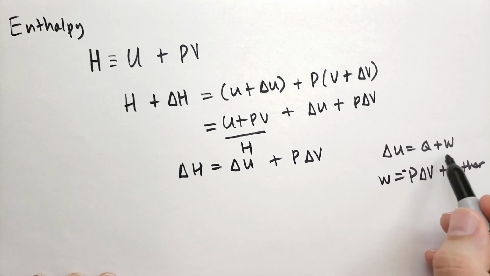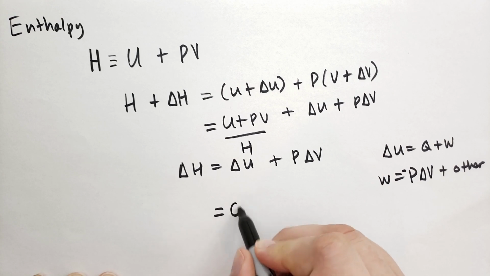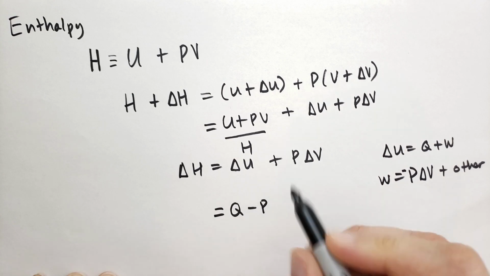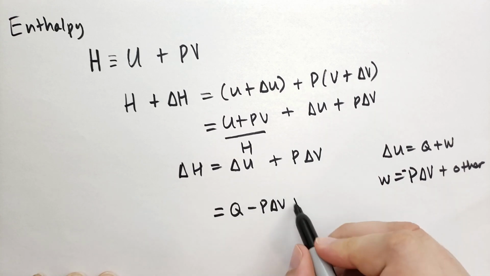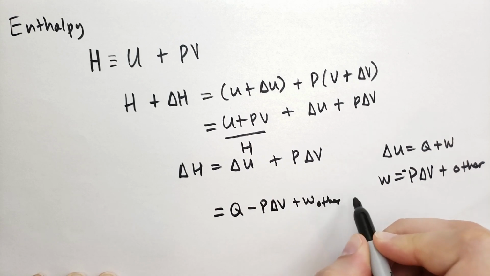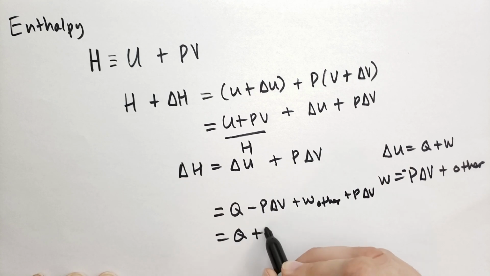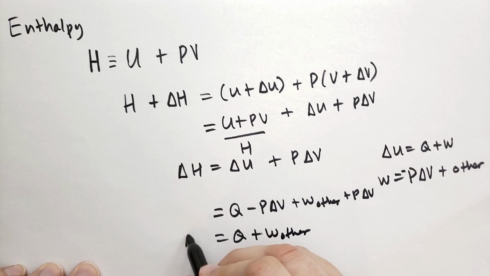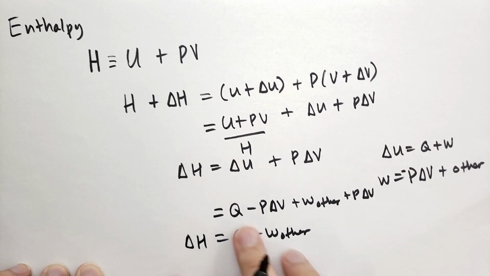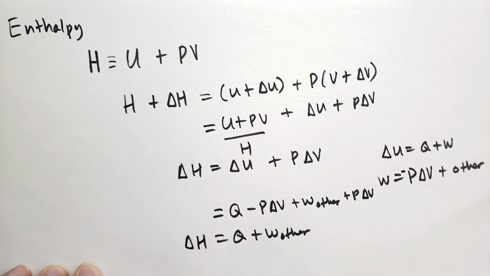So if we combine this, delta U equals Q plus W, we get Q minus P delta V plus other work. Then we get P delta V here, and so we get Q plus other work, okay? So this change in the enthalpy tells you how much heat is added to the system, as well as what other work besides the change in volume and pressure has been done to it.